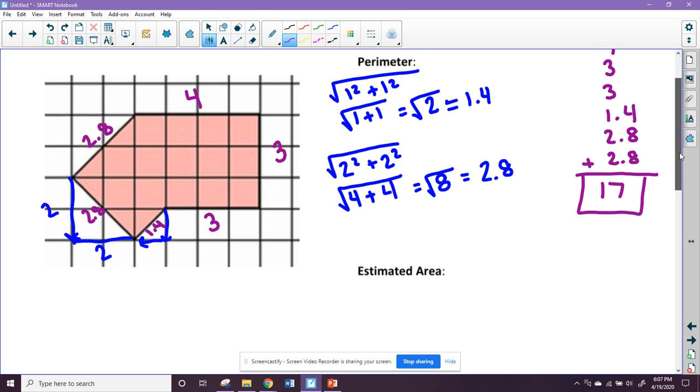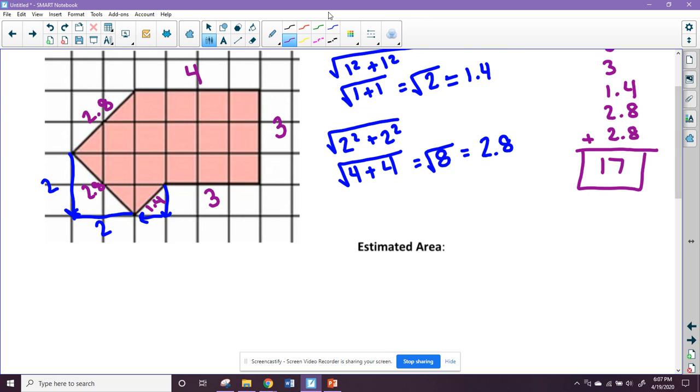Now let's find the estimated area. So count your full squares. There's 4, 8, 12, 14. And then let's combine as many as we can.